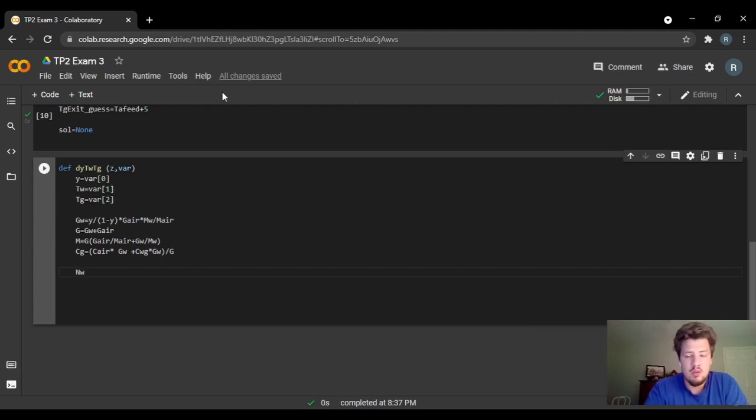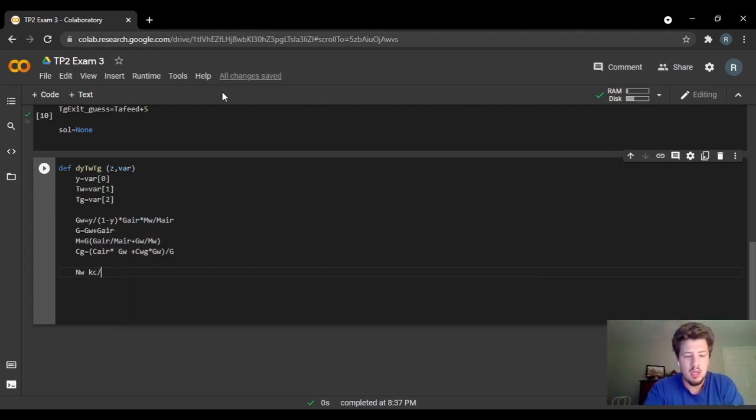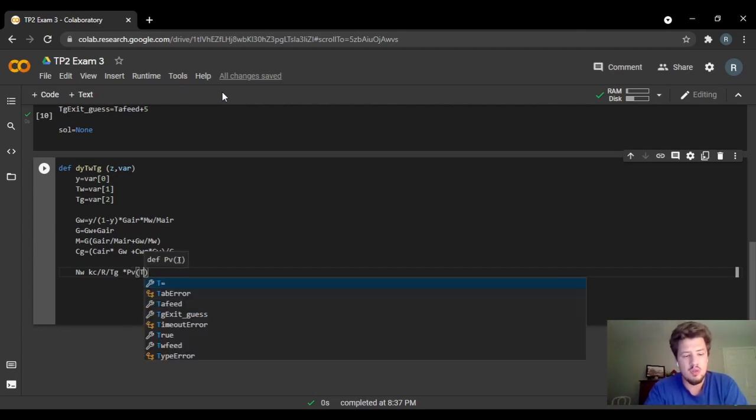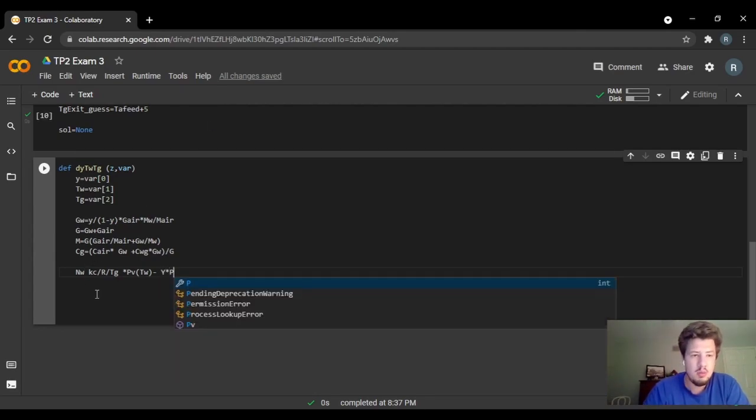So our molar flux was equal to the heat transfer coefficient divided by the gas constant, divided by the temperature of the gas, times the partial pressure of water at the temperature of water, minus the mole fraction at P.